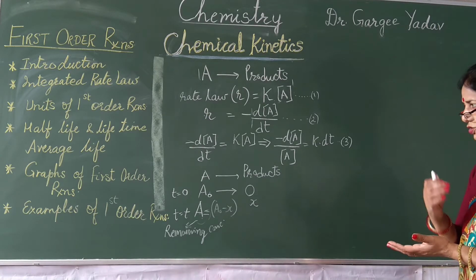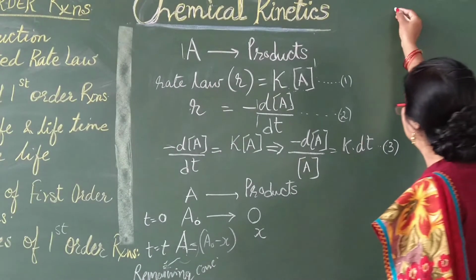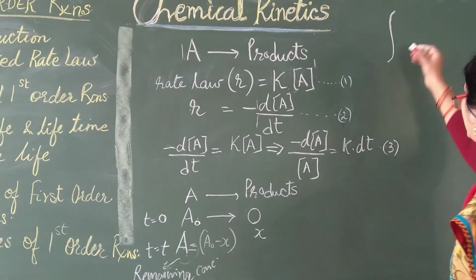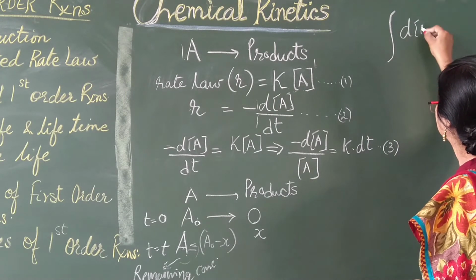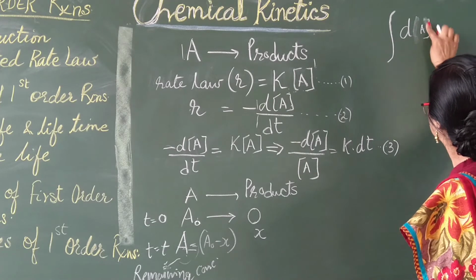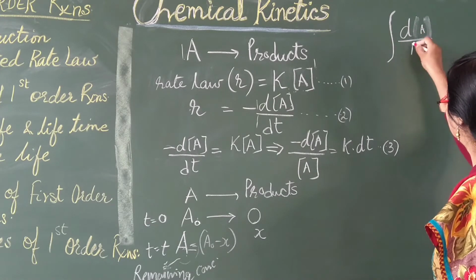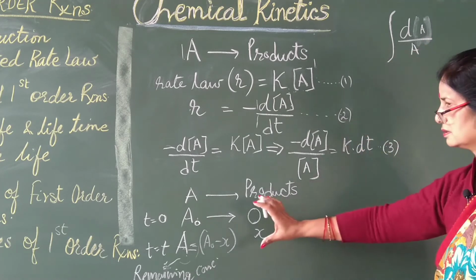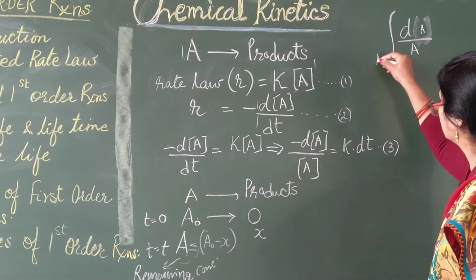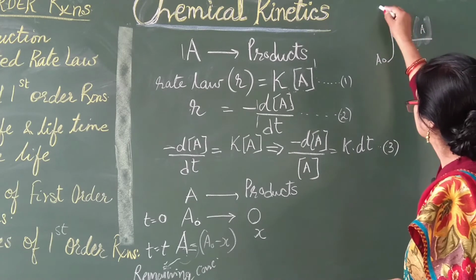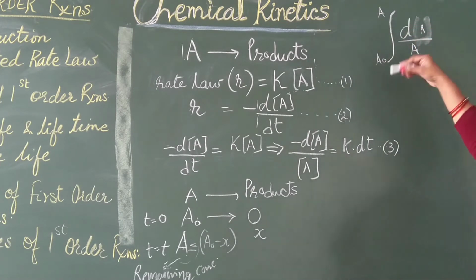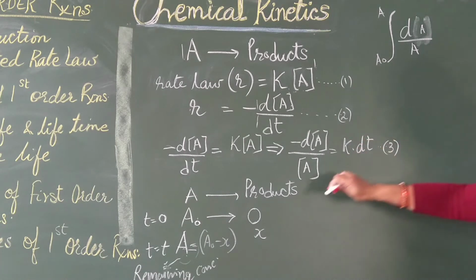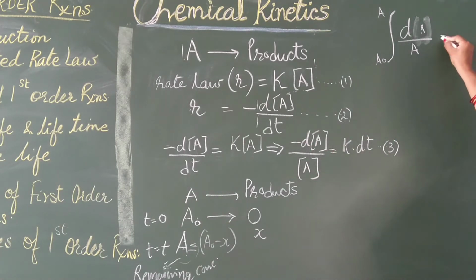Initial concentration being A0 and the final concentration being A. So we have here dA upon A, between the limits: lower limit is A0, and the upper limit is A. We will integrate it between these two limits, equal to minus K dt, where I have shifted the minus to this side.